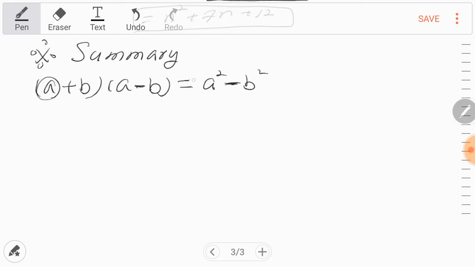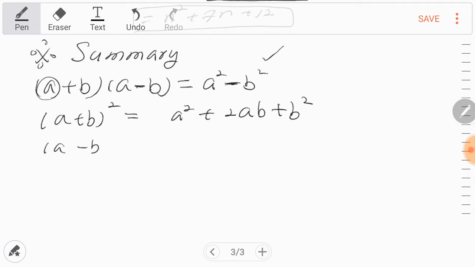We use this one a lot. And if you square a plus b, the result is a squared plus 2ab plus b squared. And if the binomial is a minus b, then the result is a squared minus 2ab plus b squared. So don't forget these rules.